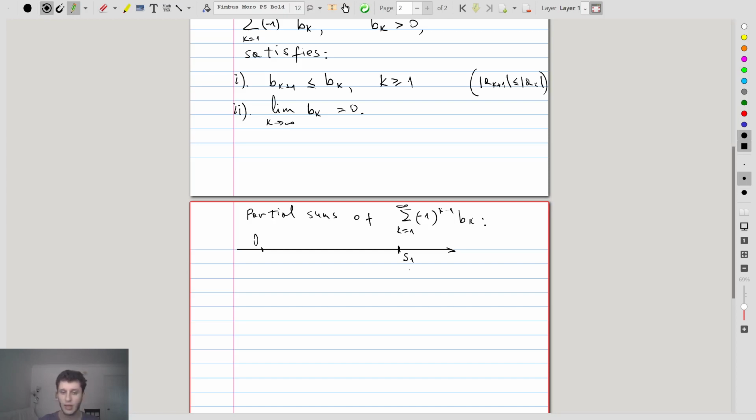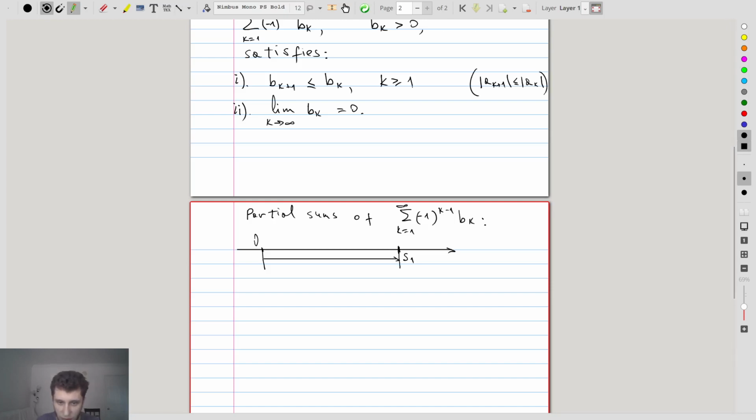Now, the second partial sum is the sum of the first two terms in our series. The first term is positive, so the second must be negative. And so if I think of the first partial sum as basically a vector that starts at 0 and goes to S1, like so.